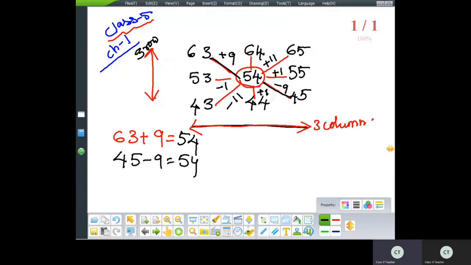44 plus 10. Then 54 minus 10. Sorry, children, it is 54 plus 10 will give you 64 and 44 minus 54 minus 10 will give you.